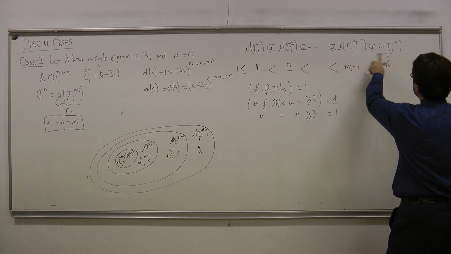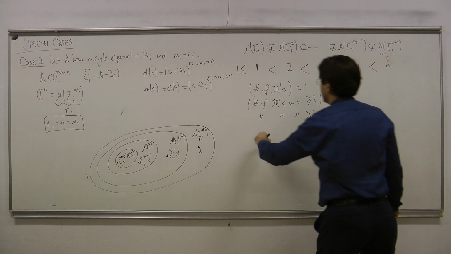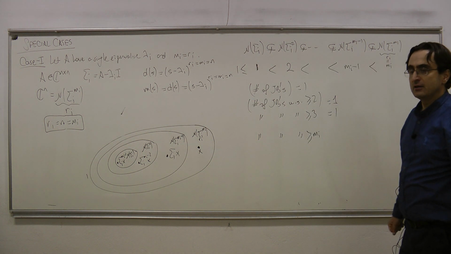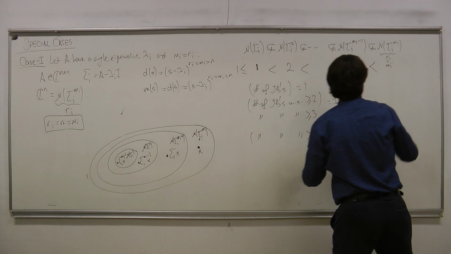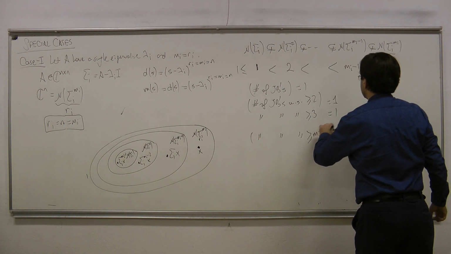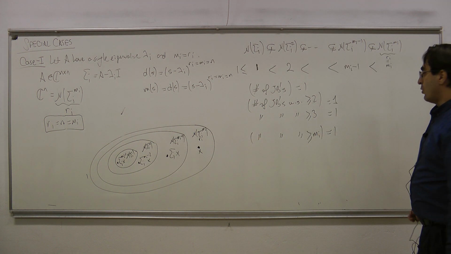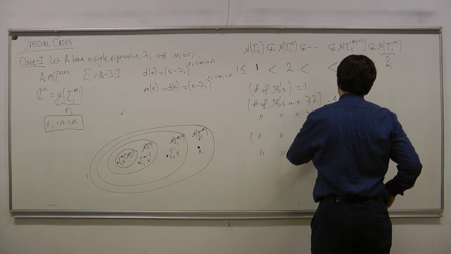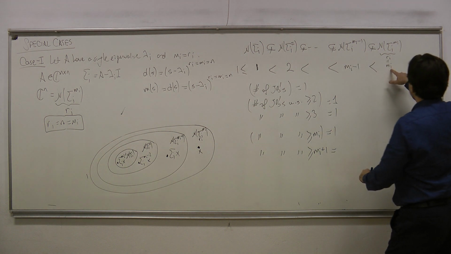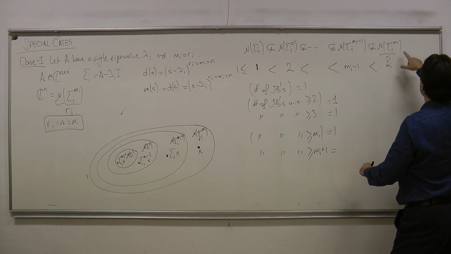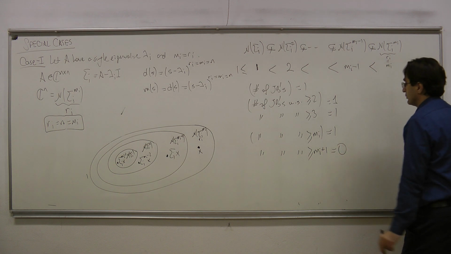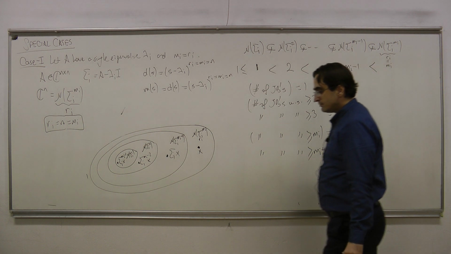And this is going to continue until this one. Larger than or equal to mi is just going to be this difference, which is equal to 1. What about the number of Jordan blocks with size mi plus 1? This is going to be this difference, but the null space of sigma I to the mi plus 1 is going to have the same dimension as this one. So this one is going to be 0.